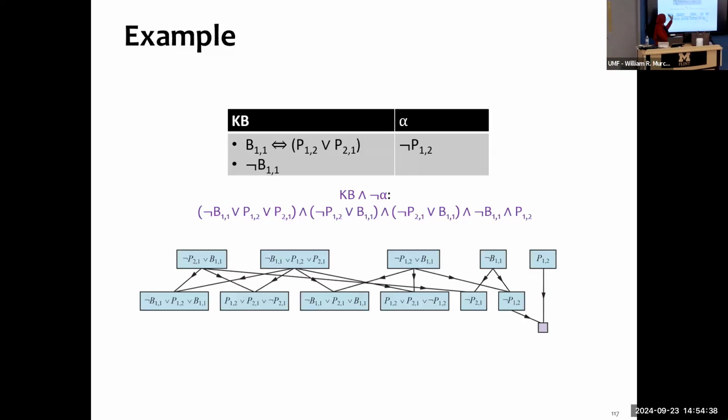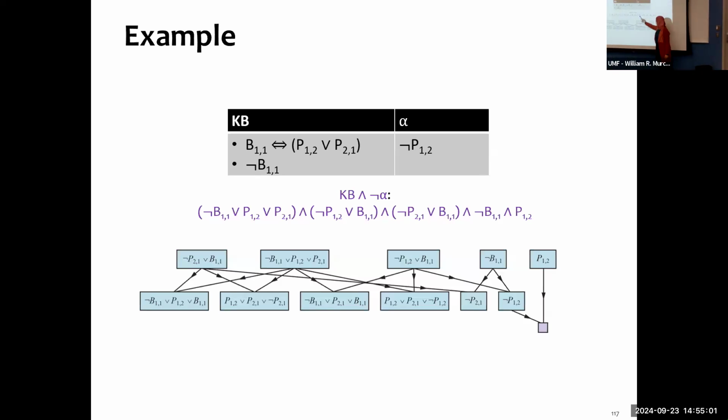As I was mentioning, each element could be seen as a box, right? For example, we start from the atomic expression P12. This is a little box, okay? We will represent it like this, P12. Then I have my not B11. I'm going to mention here.